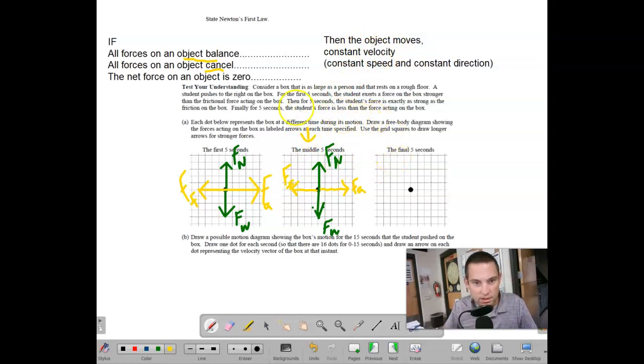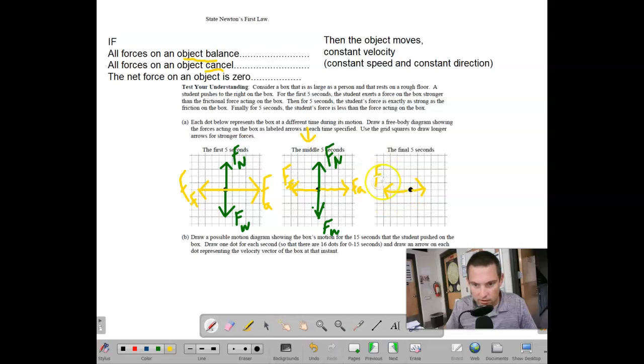Then during the last 5 seconds, the student's force is less than the force acting on the box. That means friction is winning. Maybe the student's getting tired or something like that. I want to keep my frictional force as long as I had it in the other parts.